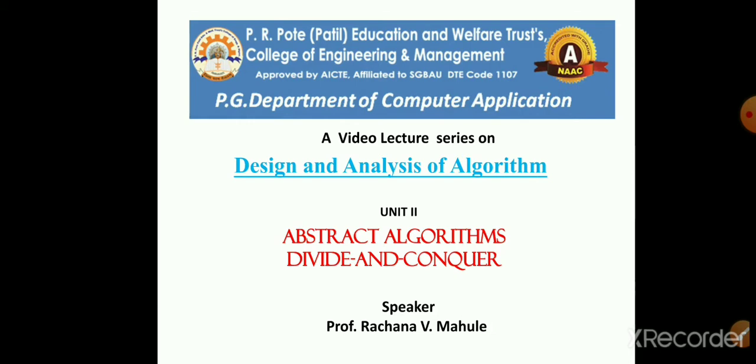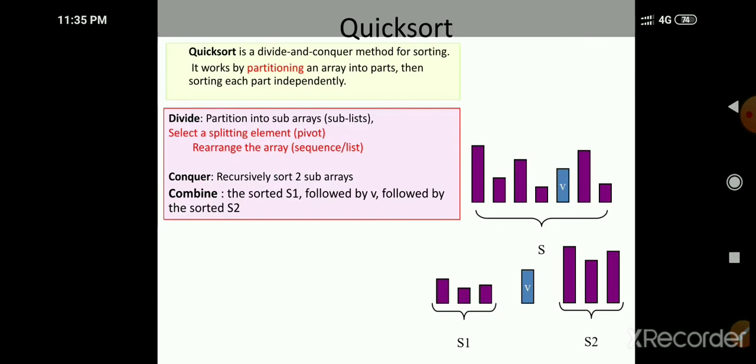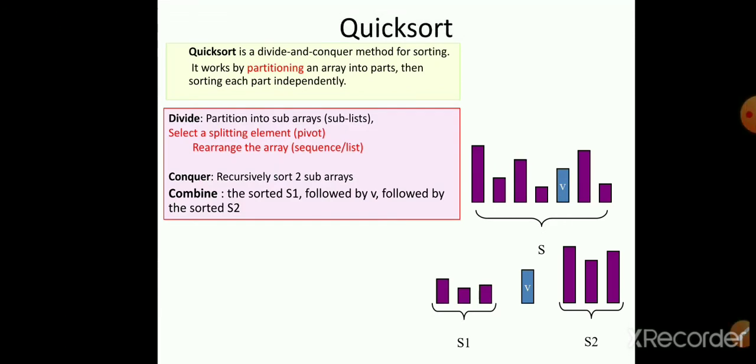The quicksort algorithm is based on the divide and conquer approach in which the array is split into subarrays, and these subarrays are recursively called to sort the elements. As this algorithm uses the divide and conquer approach, we will see what is meant by divide, conquer and combine in this quicksort algorithm.